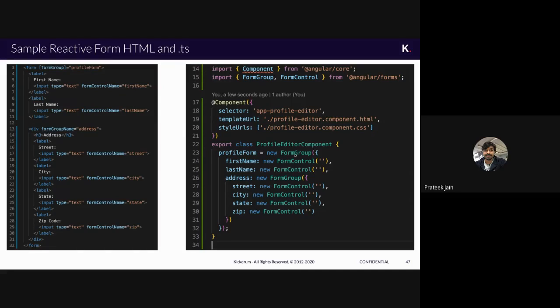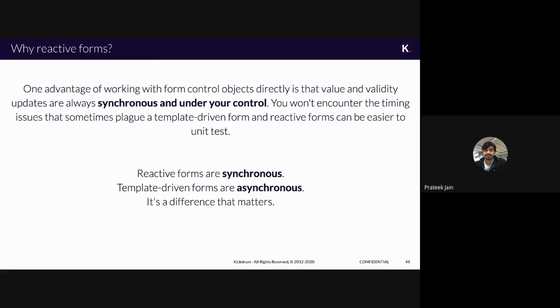So that way you can have a hierarchy of form groups and controls in your HTML and in your ts file to deal with any kind of forms requirement. So this way it is very efficient and very helpful to create any kind of forms in your front end application.